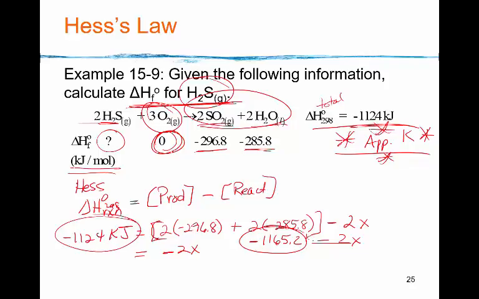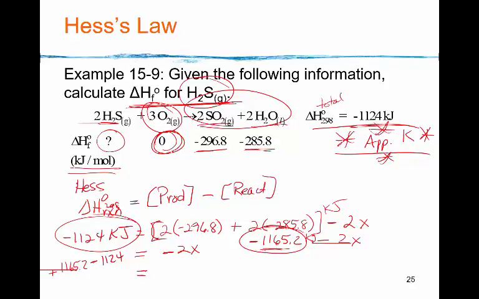Now I need to take that number and get it over here with this number. And they're kilojoules, I should label that for you. When I move that to the other side of the equal sign, what happens to the sign on that? It changes. It goes from a negative to a positive. So when I move it over here, it becomes positive 1165.2 minus 1124 equals minus 2x.